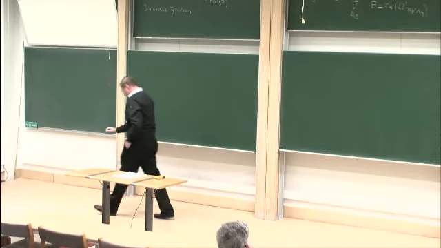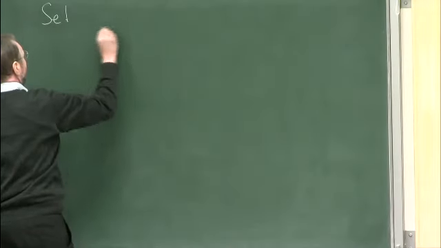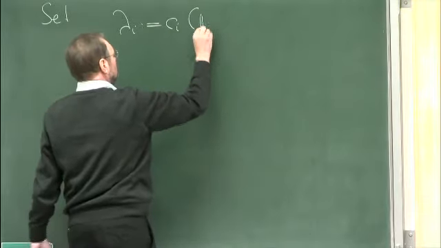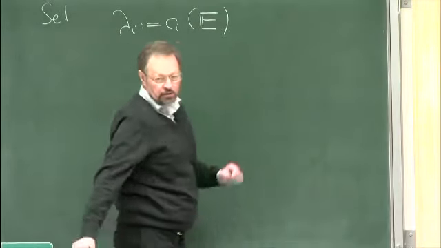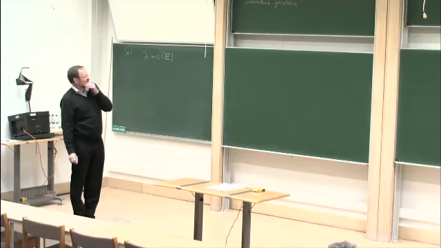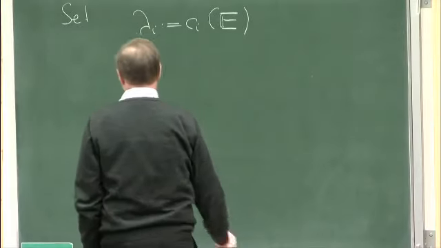And we define lambda i to be the ith Chern class of this bundle. Then these lambda i generate what's called the tautological ring.